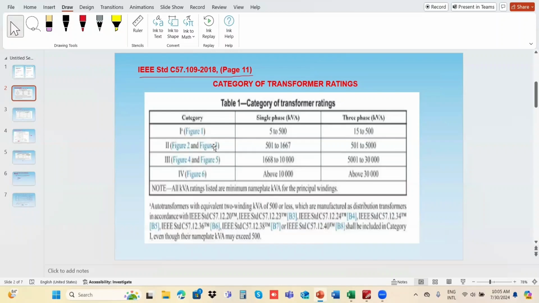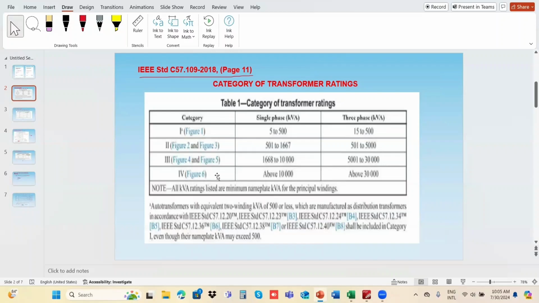For category 2, 501 to 1667 kVA for the single phase, and 501 to 5000 kVA for the three phase. And for category 3, for the single phase is 1668 to 10,000 kVA, and for the three phase is 501 to 30,000 kVA.